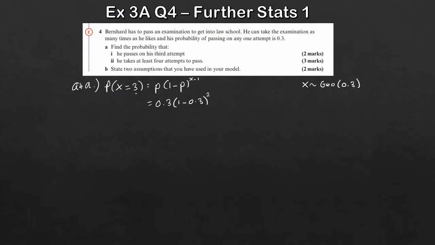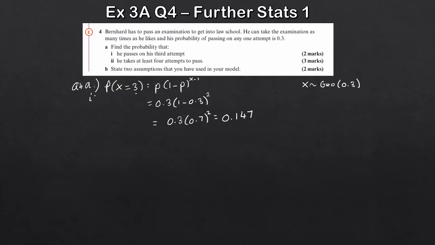If we put all this onto the calculator, we can work this out: 0.3 times 0.7 squared, which is equal to 0.147. That's simply all we've got to do for that one. So 0.147 is the probability that he passes on his third attempt.